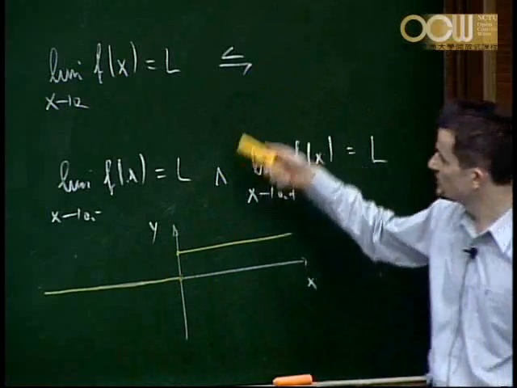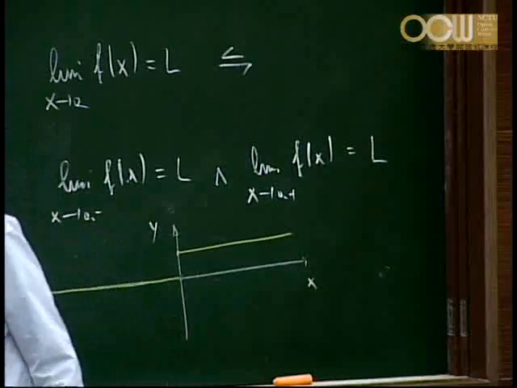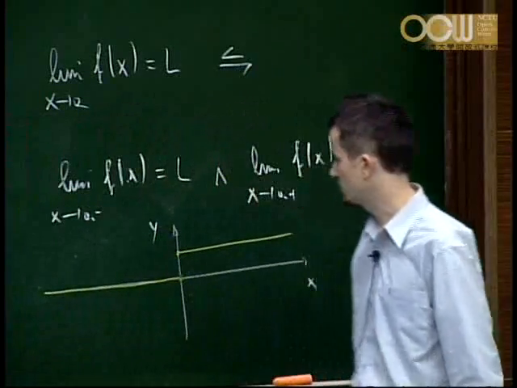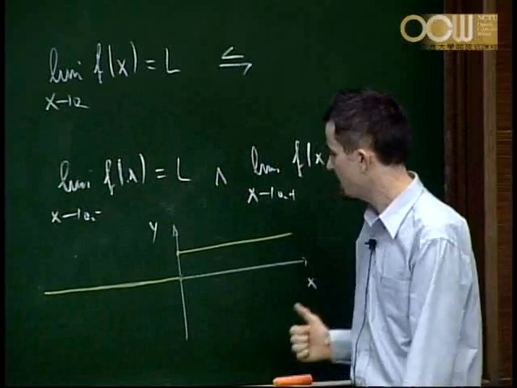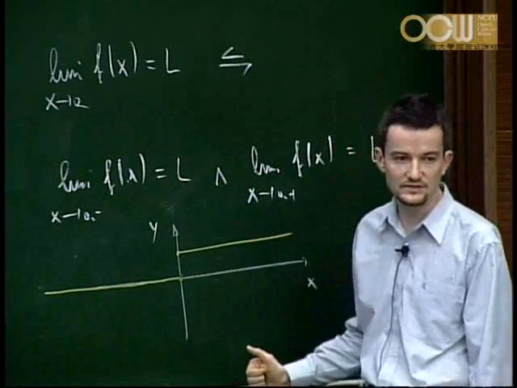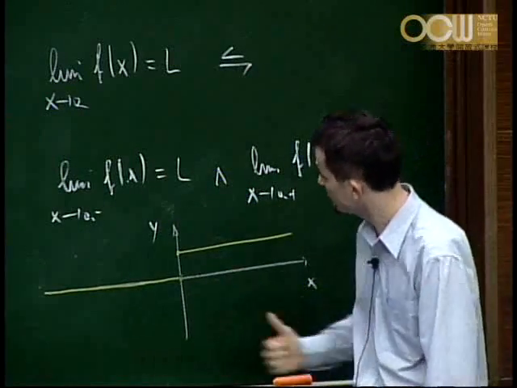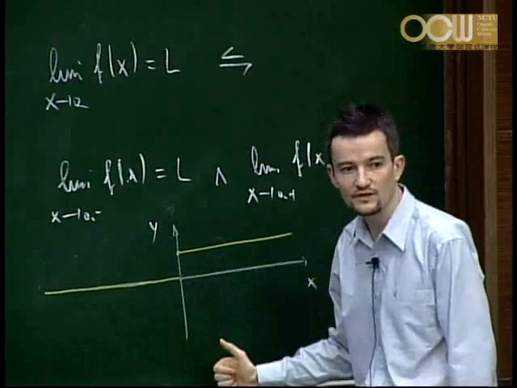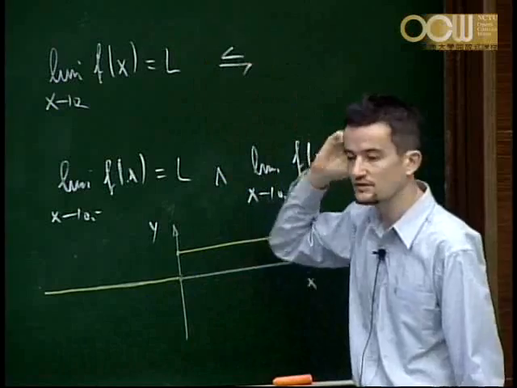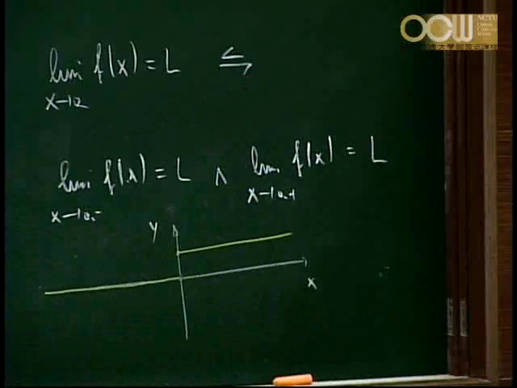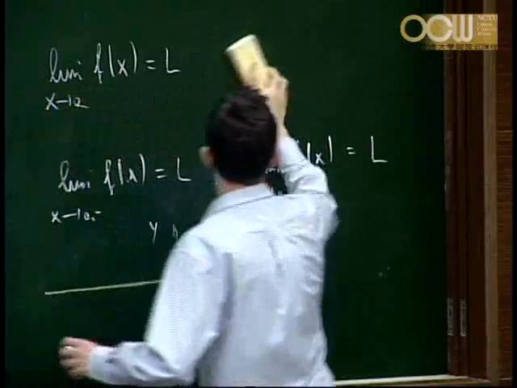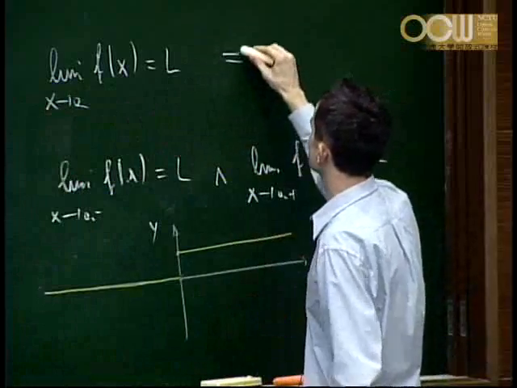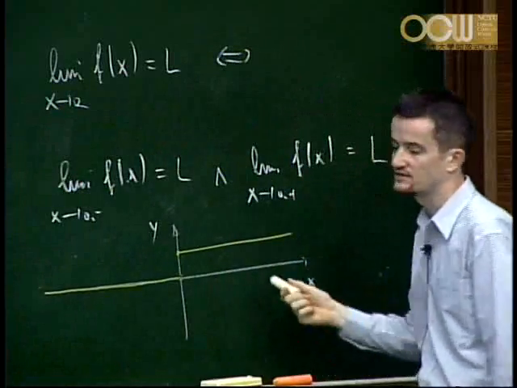Okay, so you can use this easy fact in order to very quickly explain why the limit as x approaches 0 of this function does not exist. Because if you go from the right, then the limit should be 1. If you go from the left, it should be 0. They are not equal, okay? So this should be if and only if.